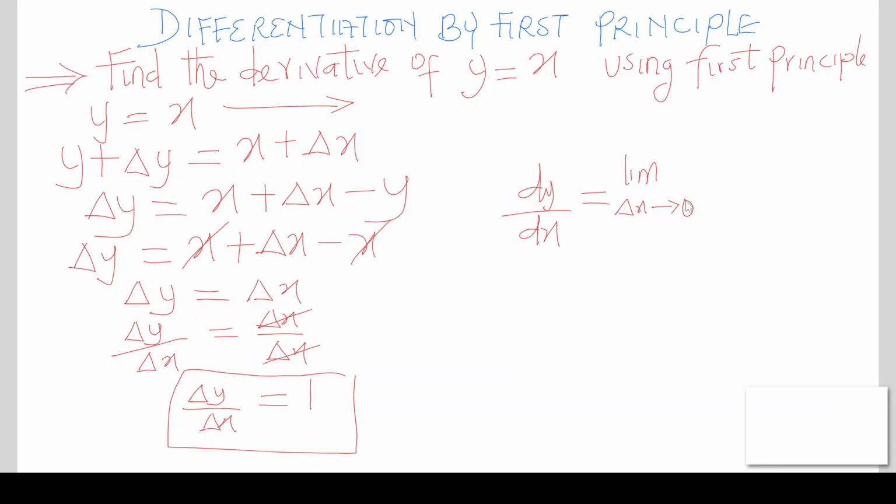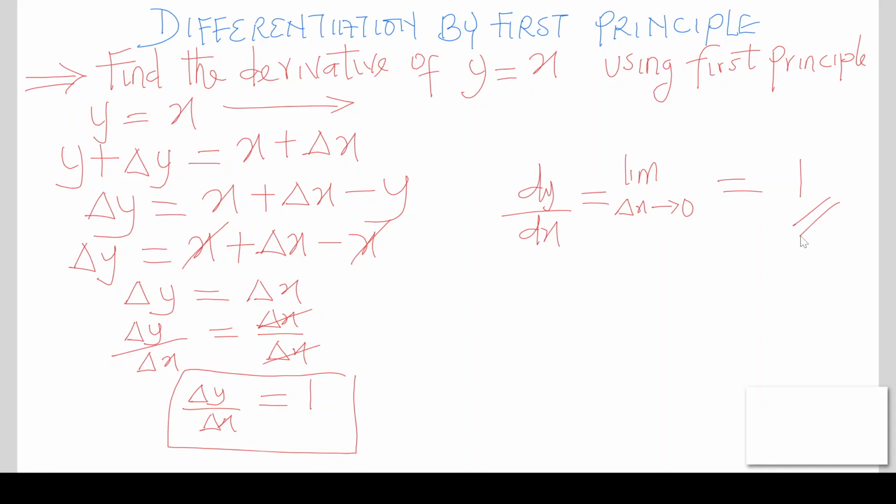So which is now going to be equal to 1, because we do not have any delta x in the right hand side. So the answer here is going to be 1. So dy dx equals 1. So when you want to differentiate y is equal to x, the differentiation of x is 1 using first principle. And if you want to use first principle, this is how you go about it.